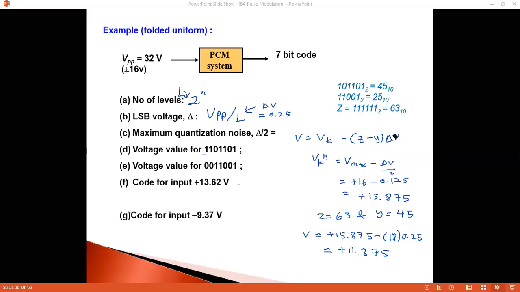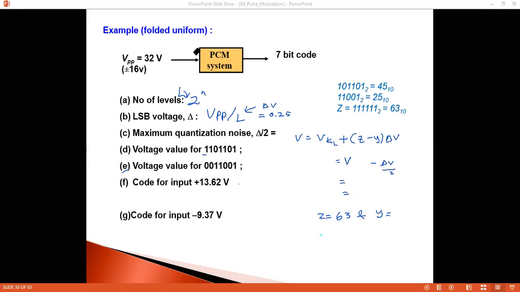There will be a slight difference in our equation for E: VKL plus Z minus Y times delta V. So for VKL, let me erase first.